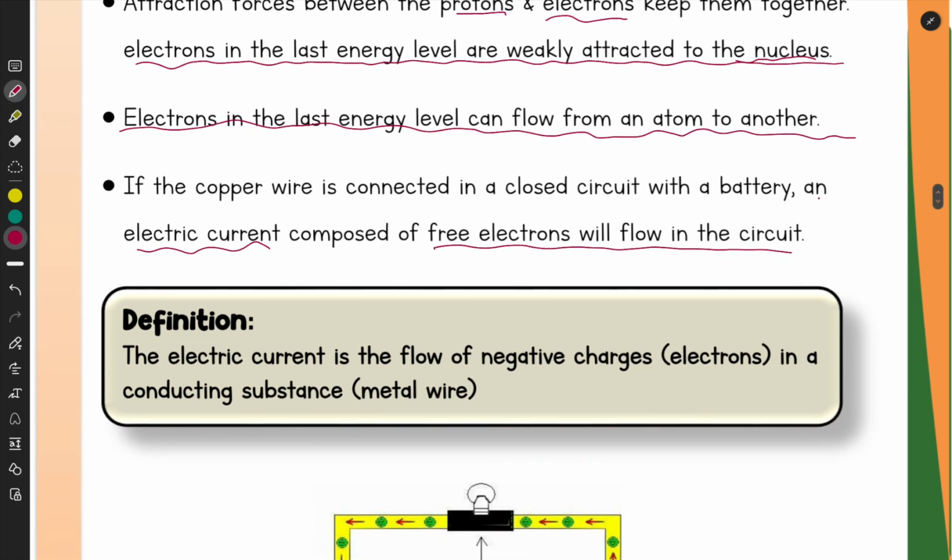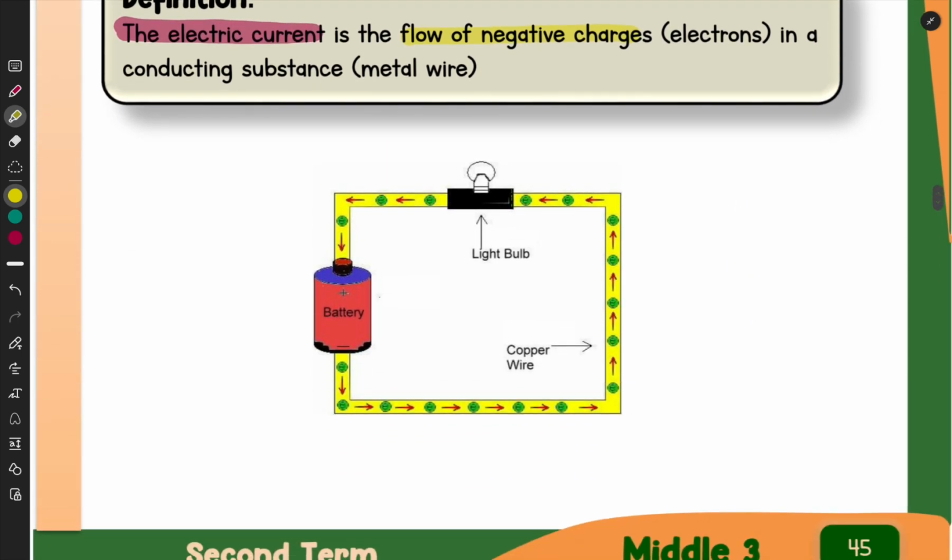Definition of electric current. Okay, what's the meaning of electric current? Electric current is the flow of negative charges, which are electrons, in a conducting substance or a metal wire, like copper, of course. This is the way we draw the electric circuit.